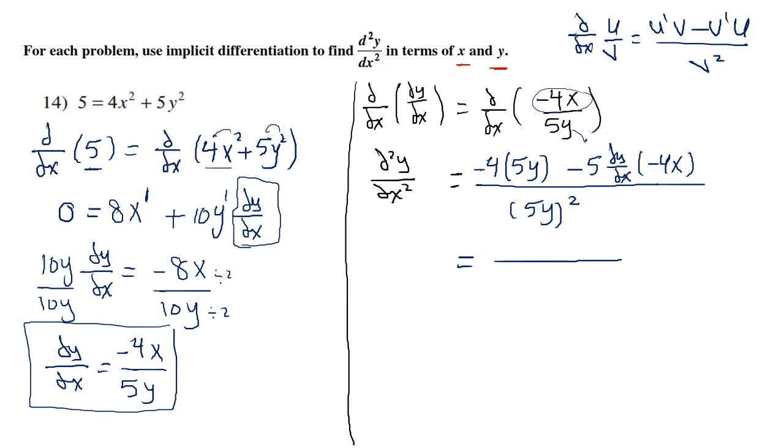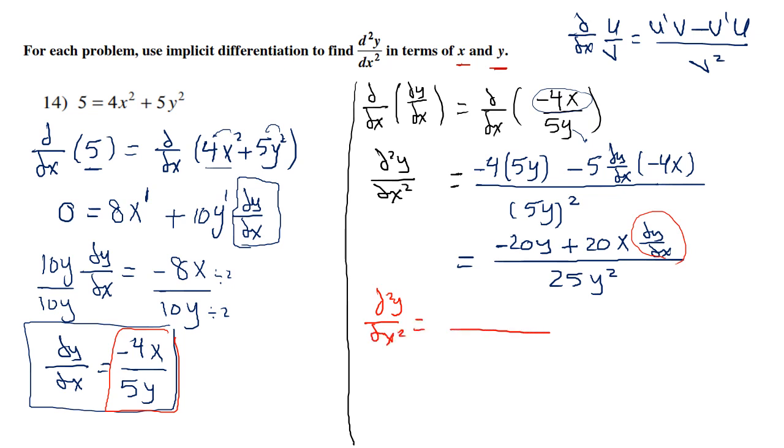Let's simplify it. Negative 20y plus 20x dy by dx over 25y to the power of 2. Now I have to replace dy by dx by negative 4x over 5y. So the second derivative d2y by dx squared is equal to negative 20y plus 20x multiplied by negative 4x over 5y, divided by 25y to the power of 2.